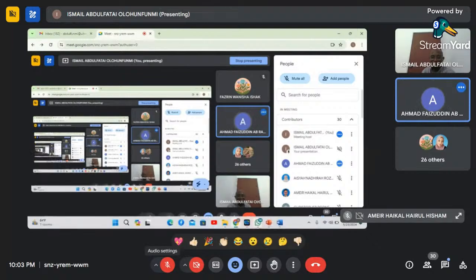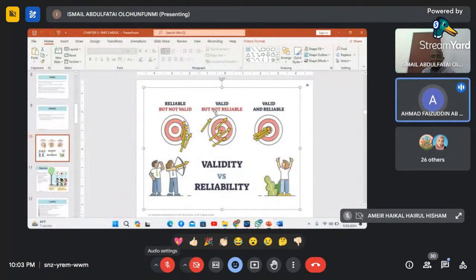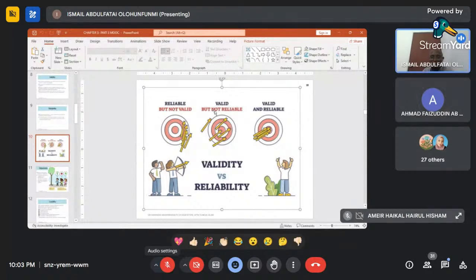The outcome is valid but not reliable. Okay, why did they say it is valid but not reliable? The outcome we get is not consistent.